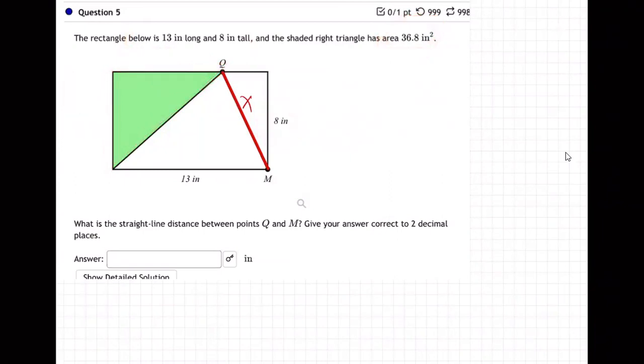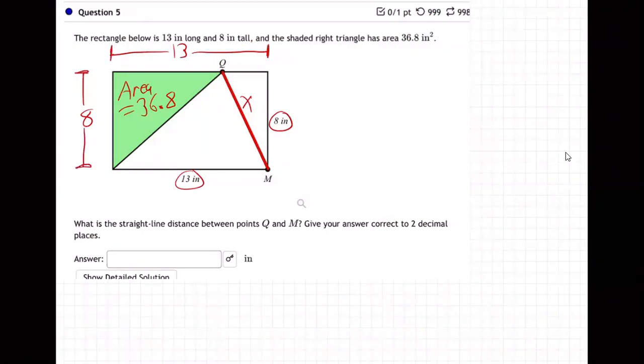There's the game plan, let's do it. So the area right here is 36.8. I'm going to take this 8 and move it over here, and take this 13 and move it up there, just so we're clear. 13 is all the way here, 8 is all the way there. We know that.